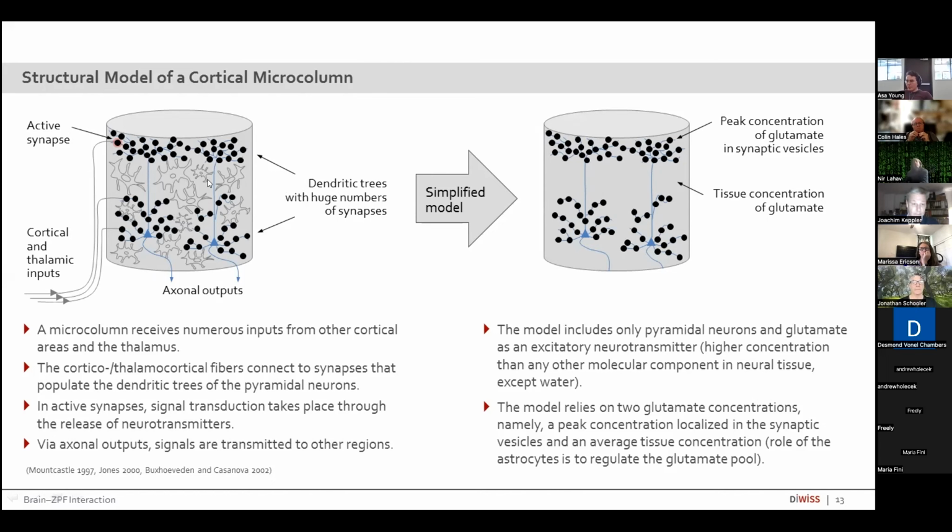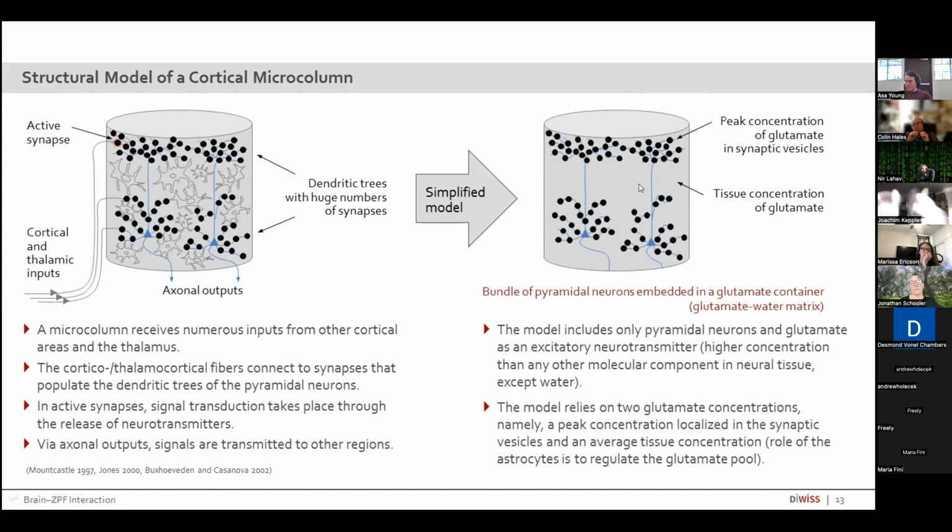So these are now taken out and substituted by a tissue concentration. This is what these astrocytes do: they regulate the tissue concentration. And in addition, we have a peak concentration in the synaptic vesicles.